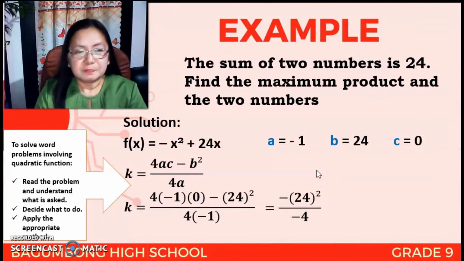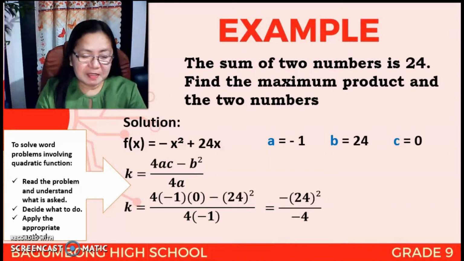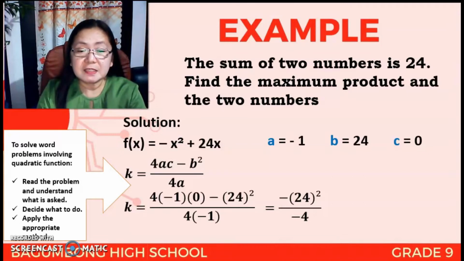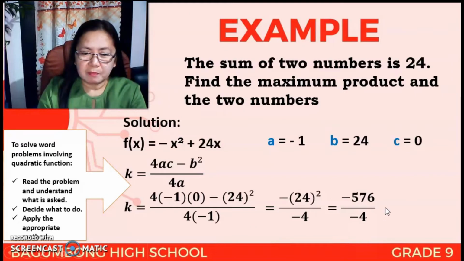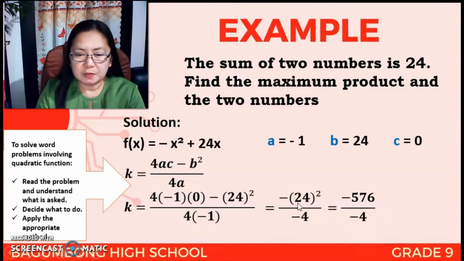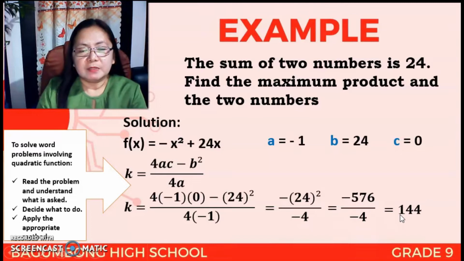The maximum value of the function is referring to the value of its k. So let us continue. Negative 24 squared: 24 squared is 576, times negative is negative, divided by negative 4. Negative divided by negative is positive. So the answer is 144.